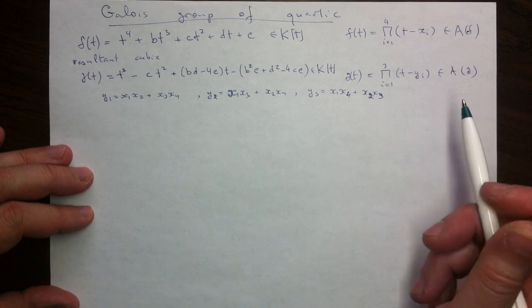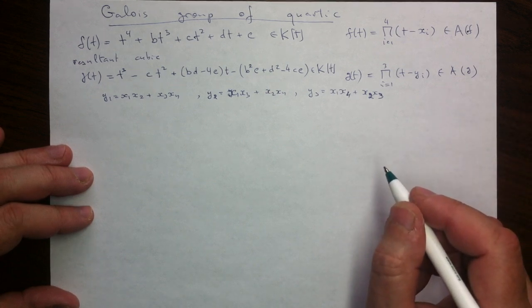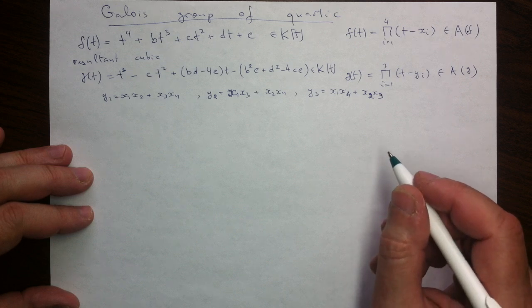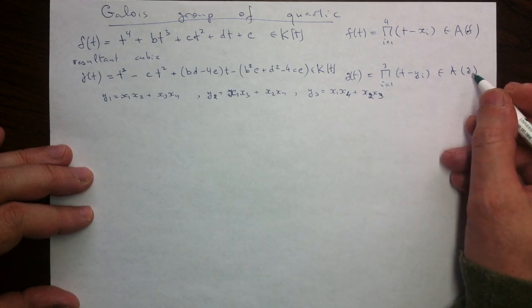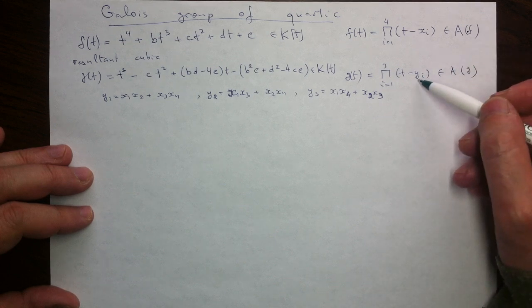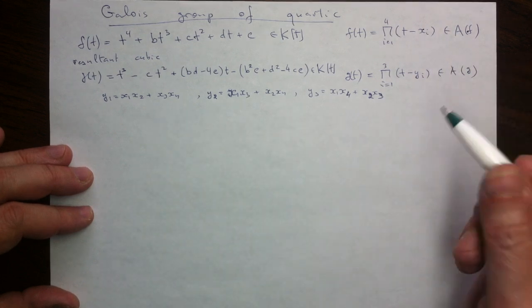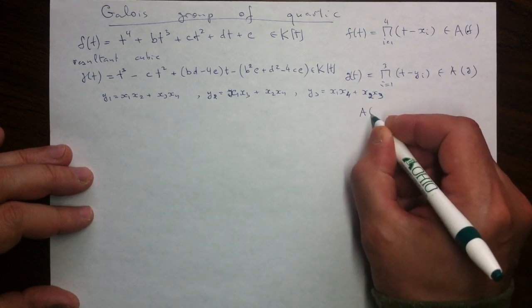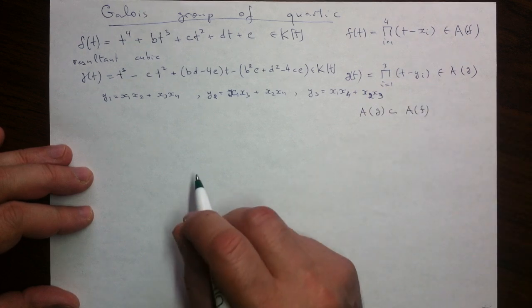So the key ingredient, key trick in what happens is the following observation. This splitting algebra of G is naturally a subalgebra of the splitting algebra of F, since we can interpret all the roots as algebraic combinations of the original roots. So we have this embedding of commutative algebras.